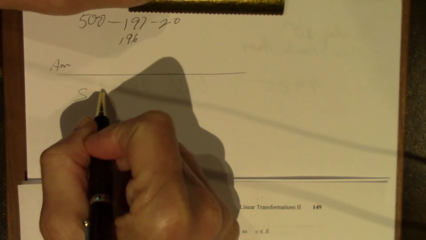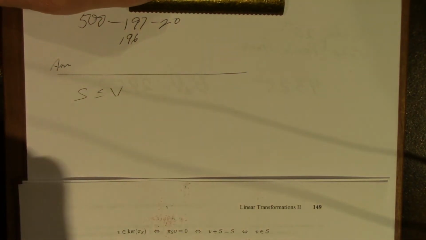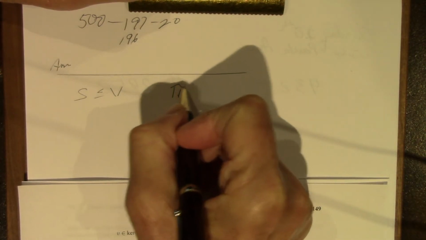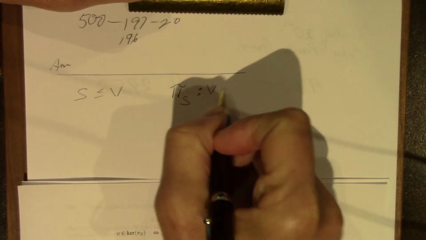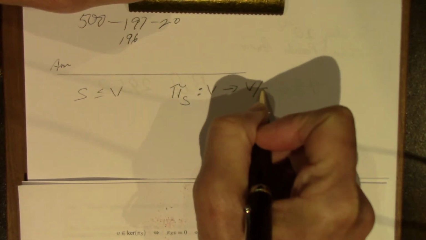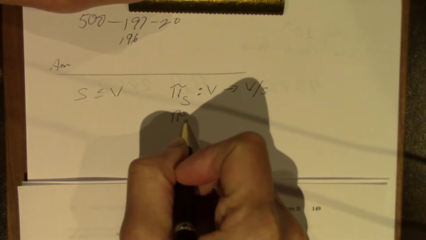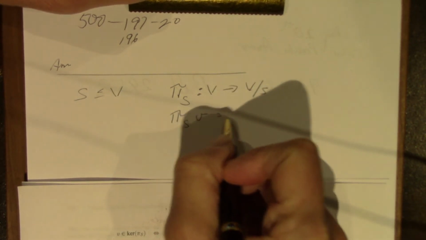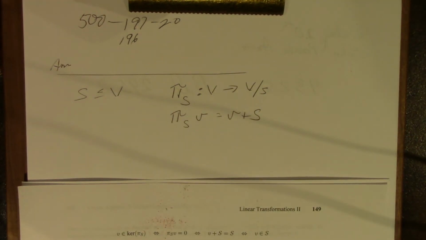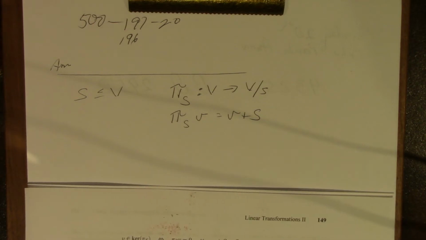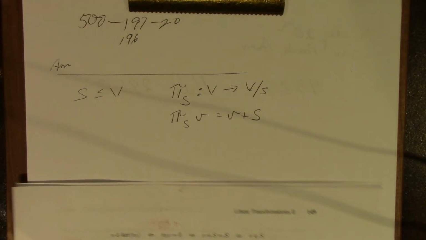If S is a subspace of a vector space V, then the natural projection pi sub S maps V to V mod S. Pi sub S sends a vector little v to the coset v plus S. We have seen that this is a surjective linear map whose kernel is the subspace S. This map is quite important.